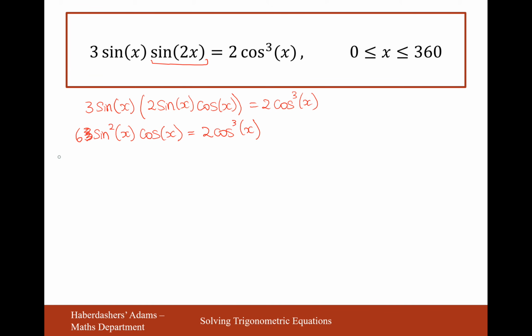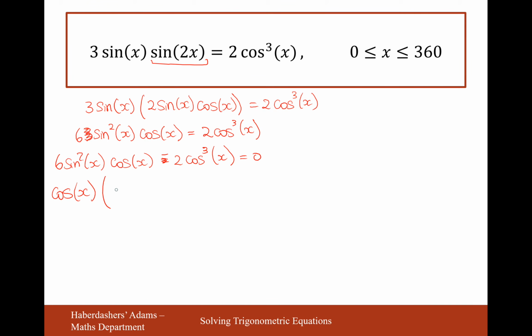We'll take everything onto the same side, so it'll be 6 sine squared x cos x minus 2 cos cubed x equals 0. Let's now factorize out, let's divide by 2 and factorize out cos. Now you are allowed to divide by 2 because 2 isn't 0, but cos x could be 0.